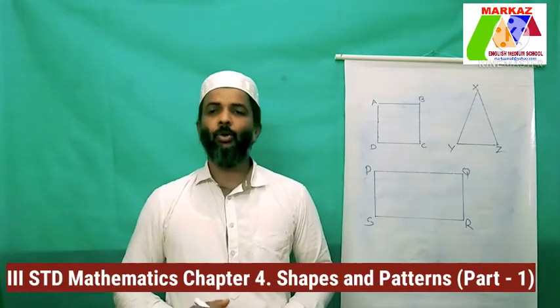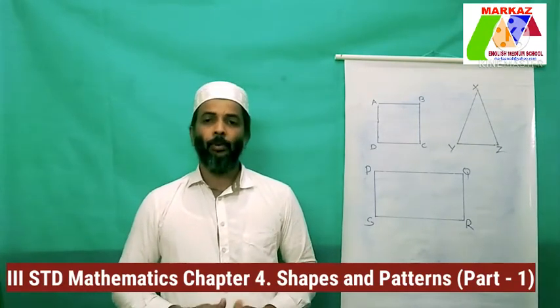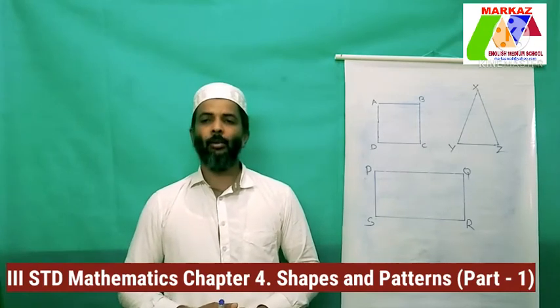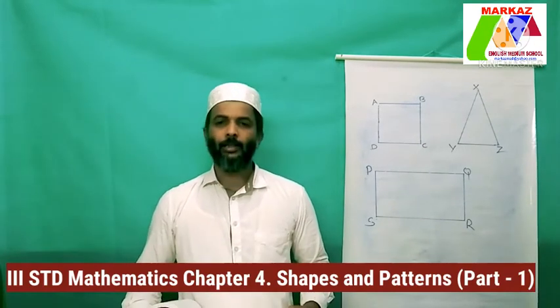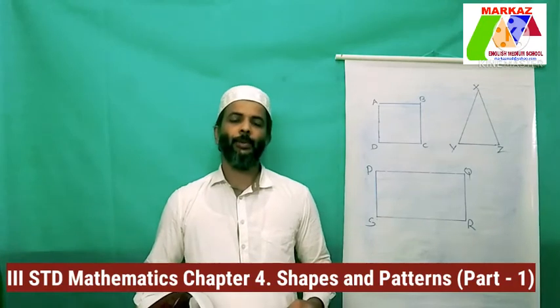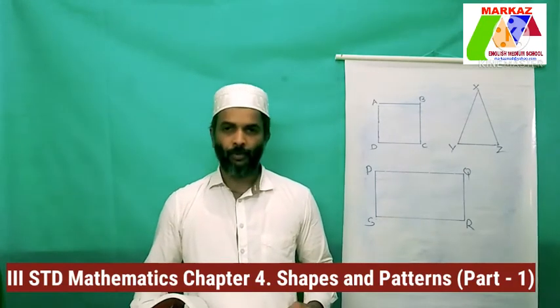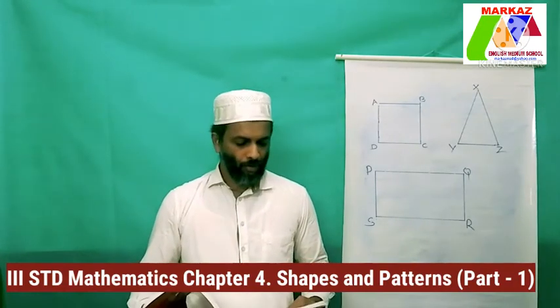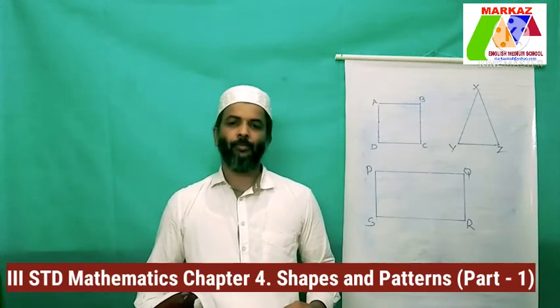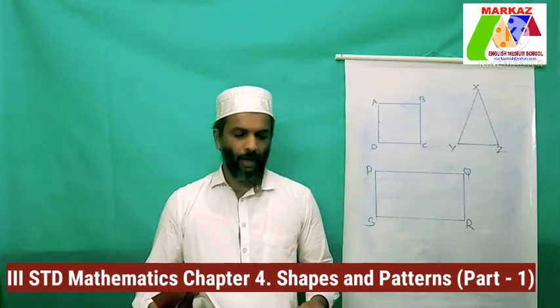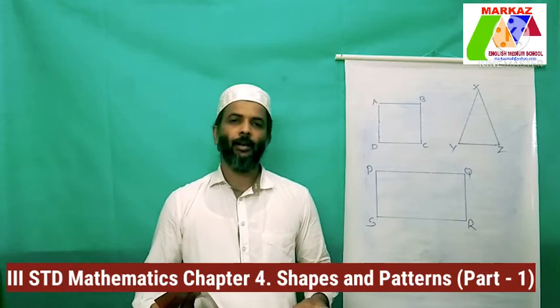Okay, now let's do some activity part. Please open your textbook, page number 112. Chapter number 4, Shapes and Patterns. Let's begin. Draw the following shapes: square, triangle, rectangle and circle.